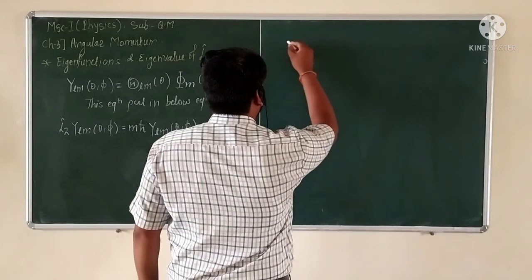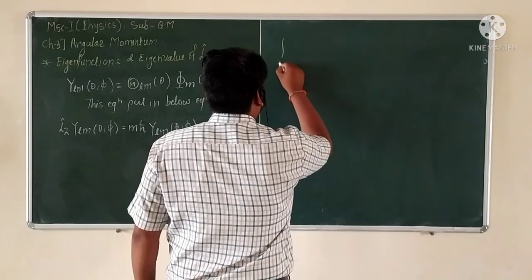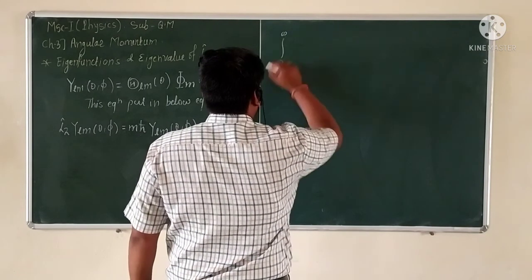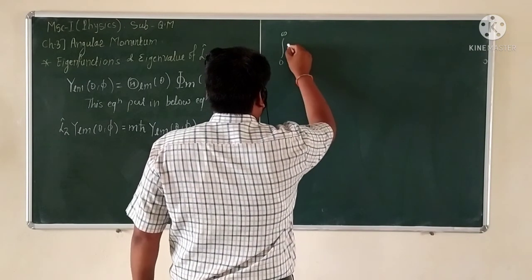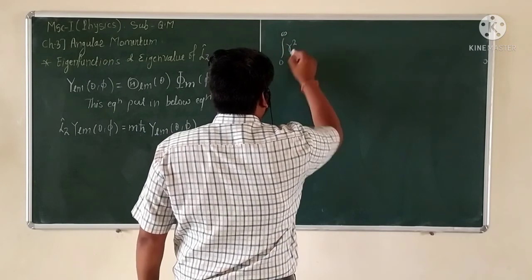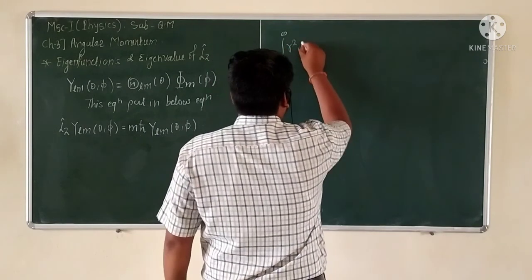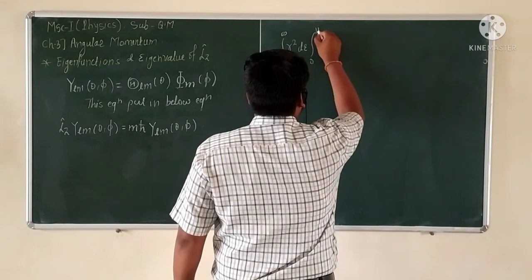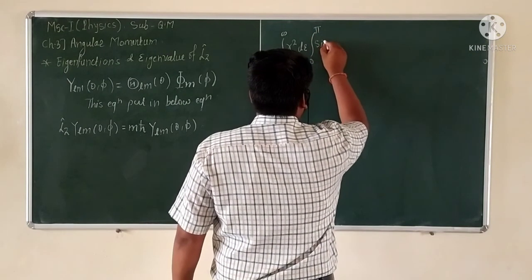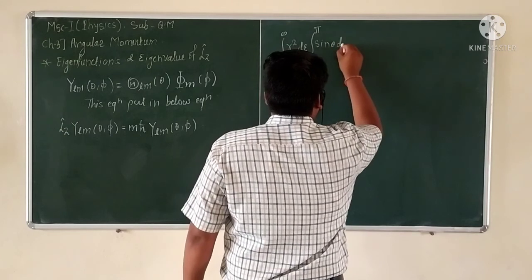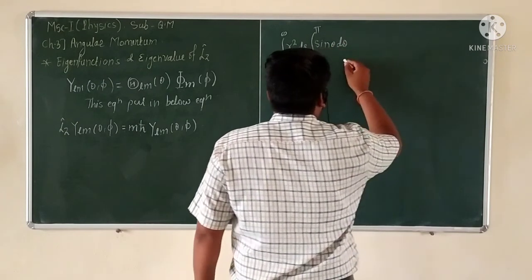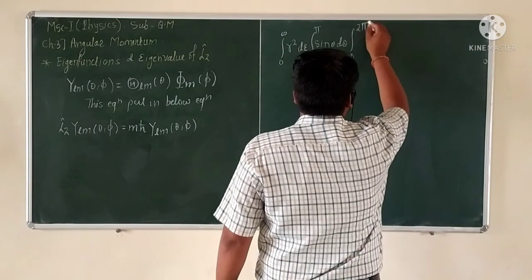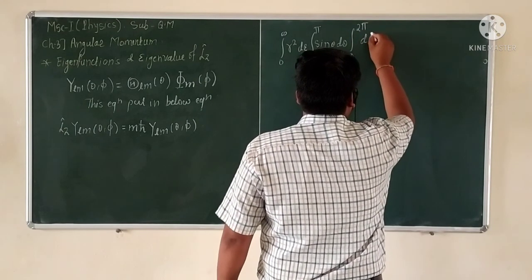We have to know that integration, which is considered from 0 to infinity of r square dr, again 0 to pi of sin theta d theta, and again the integration limit 0 to 2 pi, which is d phi.